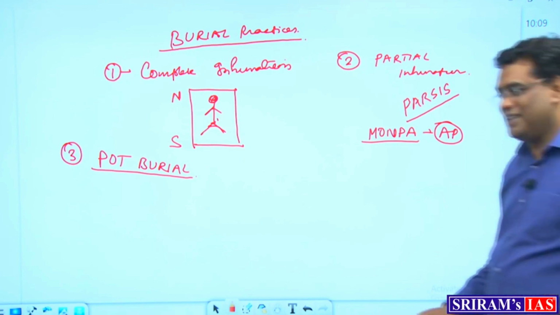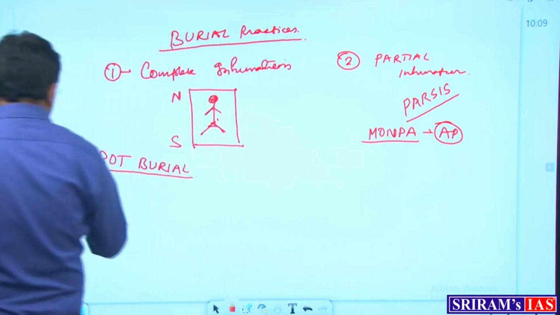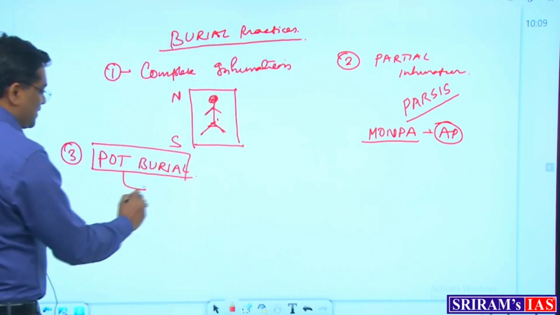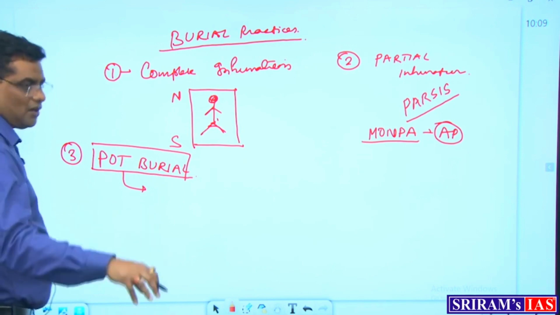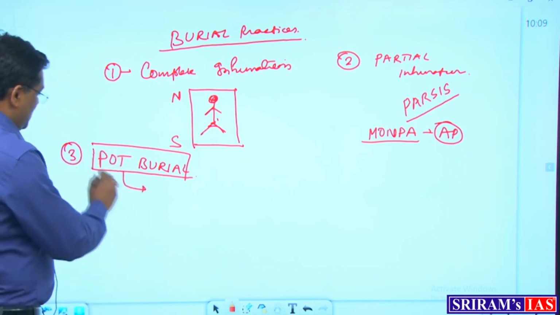So pot burial is very common: burning the dead body, collecting the ashes in the pot, and then putting it in the water.